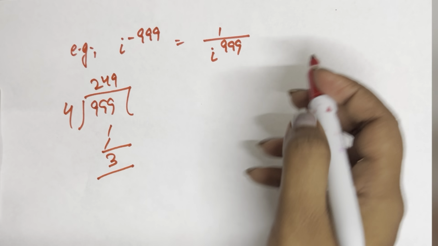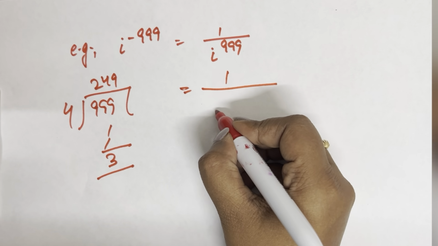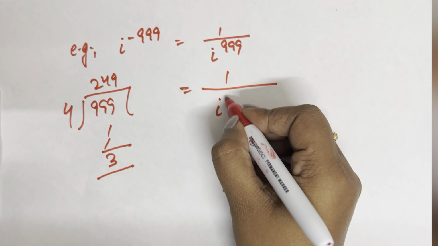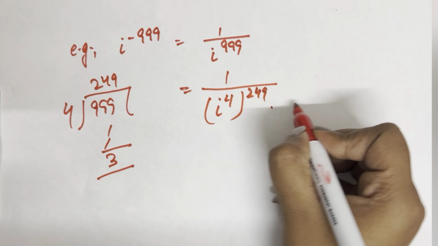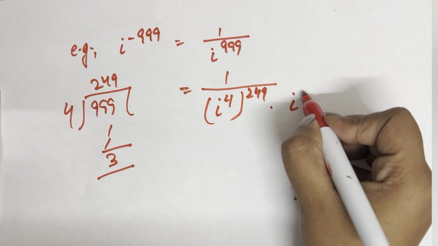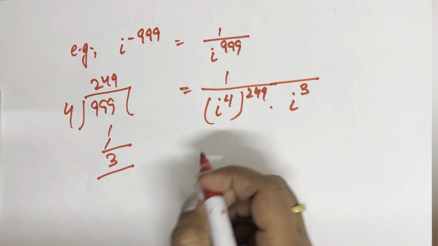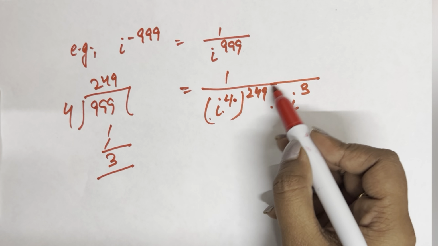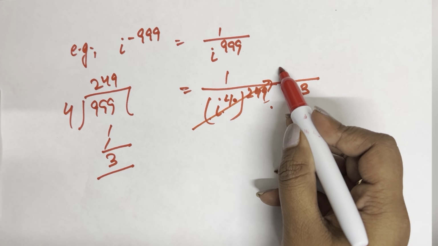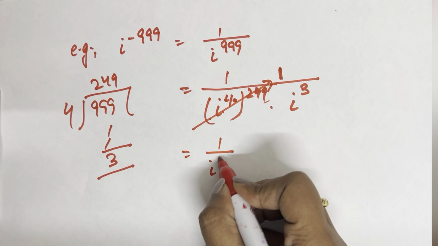You can divide it and see. So we can write it like that: 1 upon iota to the power 4 to the power 249 into iota to the power this remainder, right? Now iota to the power 4 equals 1, and 1 to the power anything becomes 1. So we are left with 1 upon iota cube.